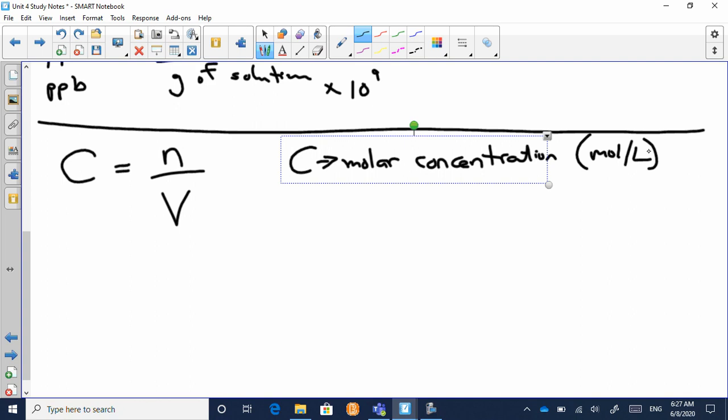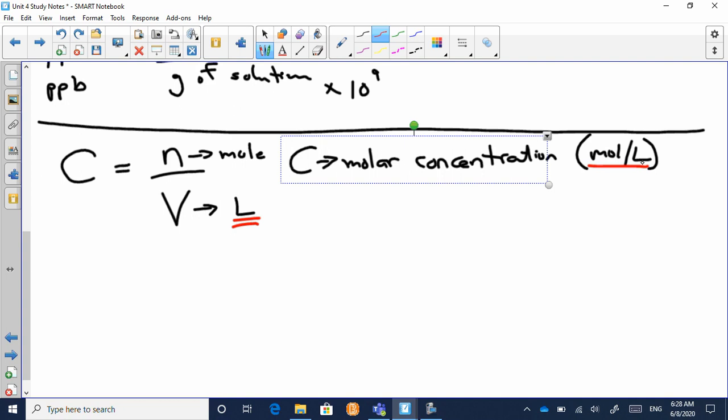And that's because n is the number of moles and V is the number of liters. Now, I wanted to emphasize that all the other ones we went over used milliliters. This one uses liters, and the expectation is that you write the answer in moles per liter. I'm going to be showing you an example of how to do a question with C equals n over V in a little bit.